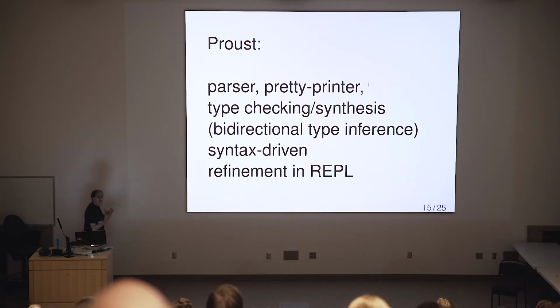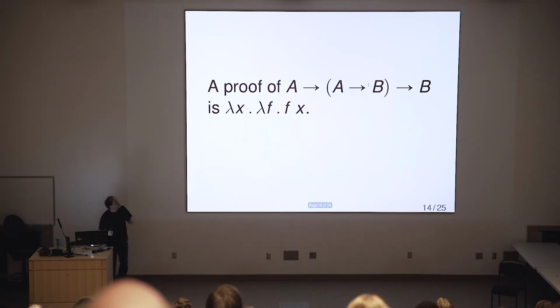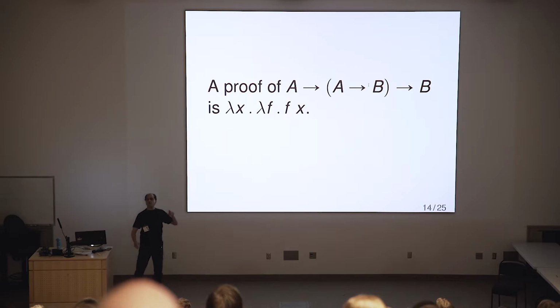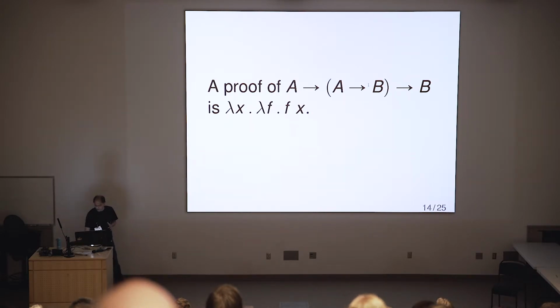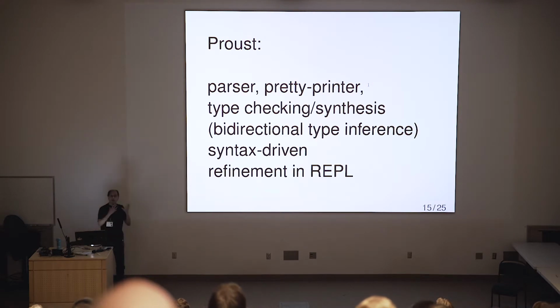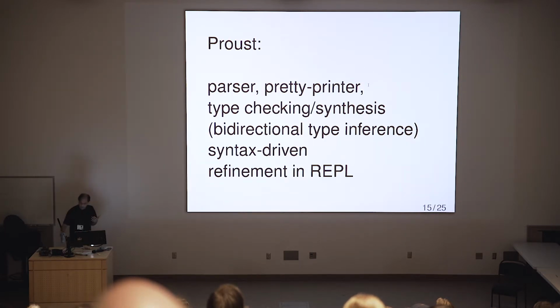So Proust uses this idea, except I throw in a few more parentheses to make the parsing trivial, but it's basically this language. And we have a parser to parse those terms into an abstract syntax tree. We have a printer to go the other way.